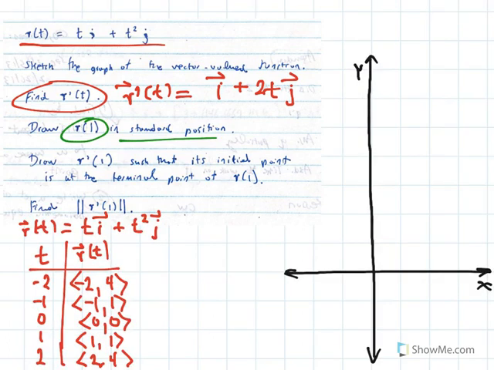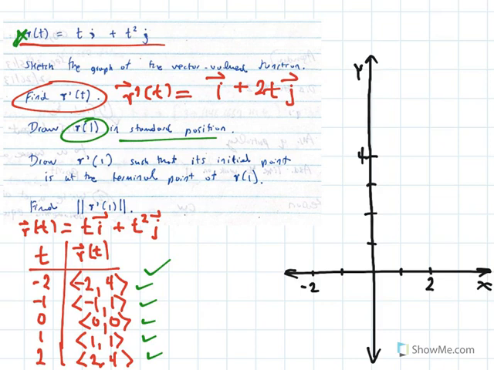We'd like to begin by sketching the graph of our vector-valued function r of t equals ti plus t squared j. I made this table, and each of these is a vector. When I sketch the vectors in standard position, the terminal points will trace a curve in a particular orientation.